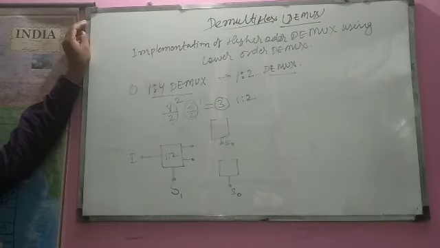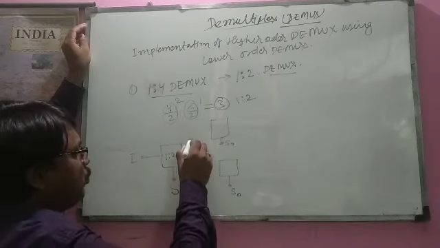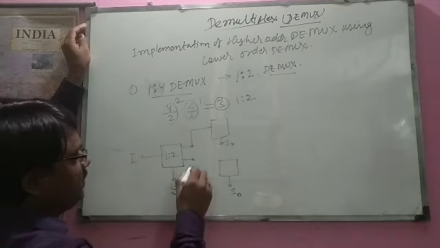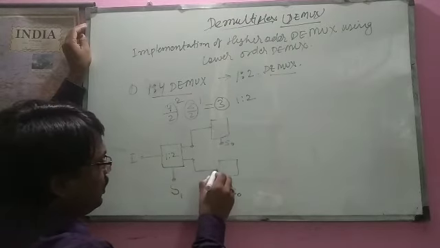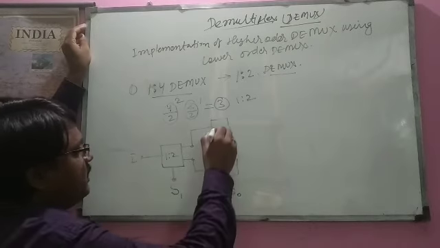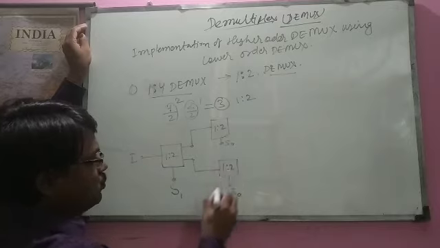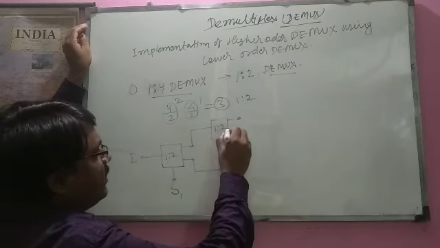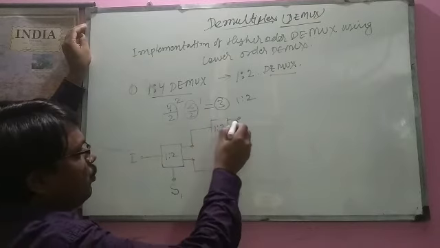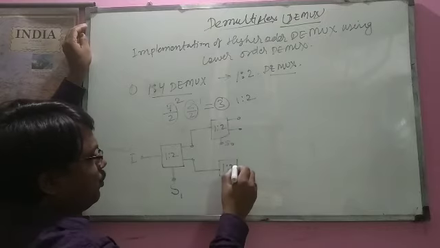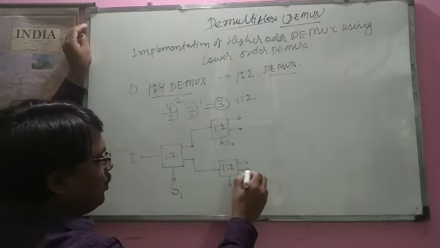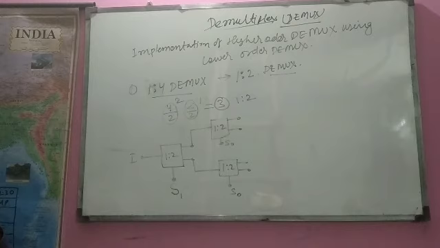So connect this output to the input of this, and connect this output to the input of this one. This is again 1:2 demux, one input, two outputs, and one select line.